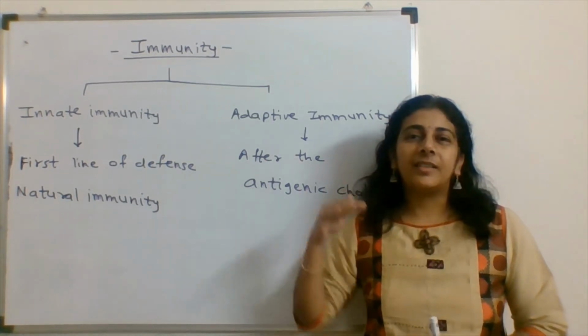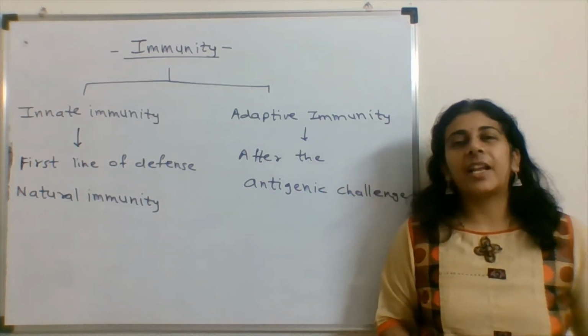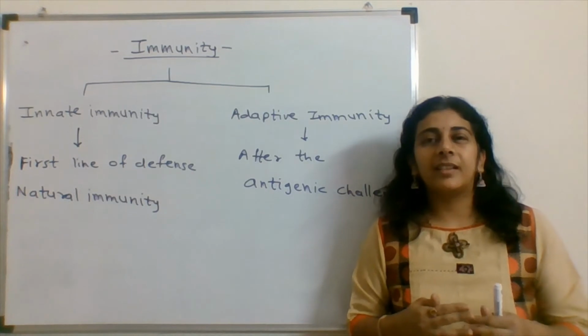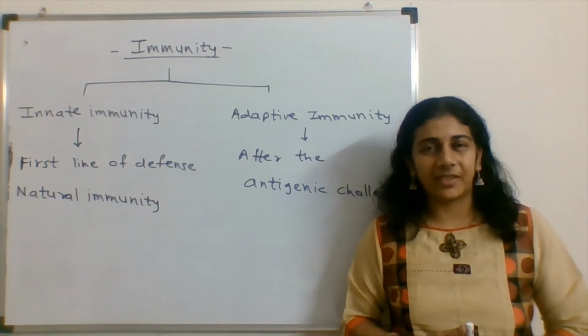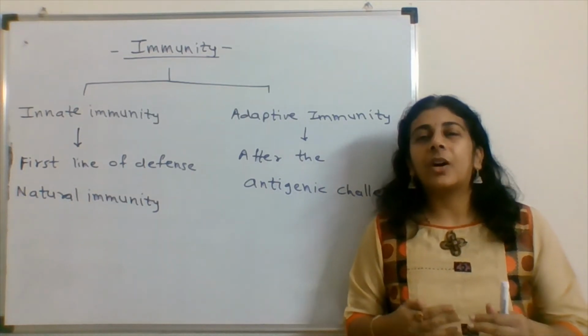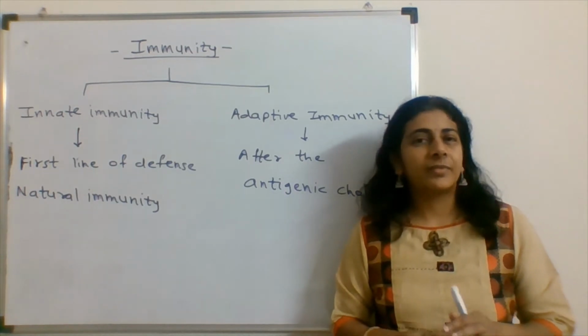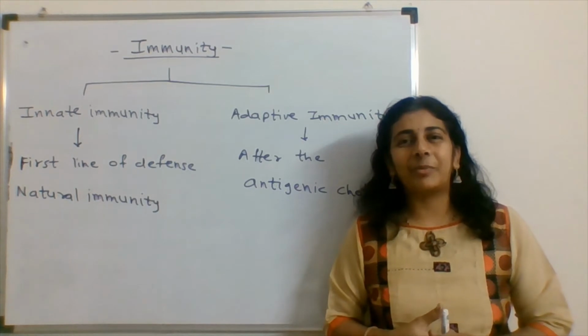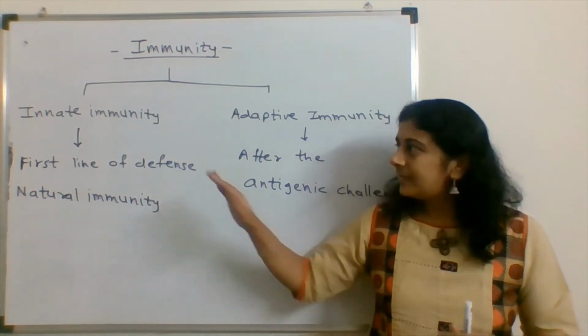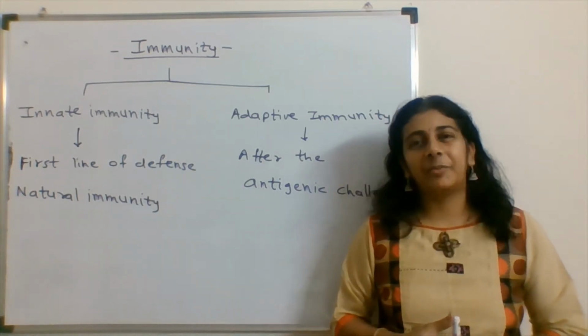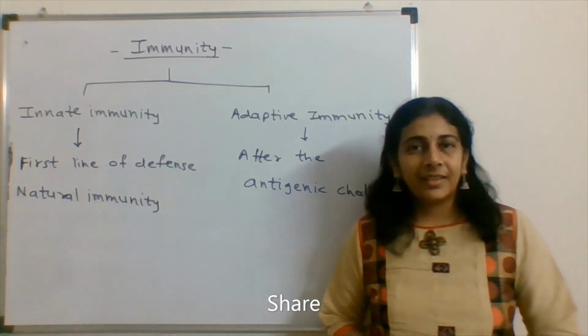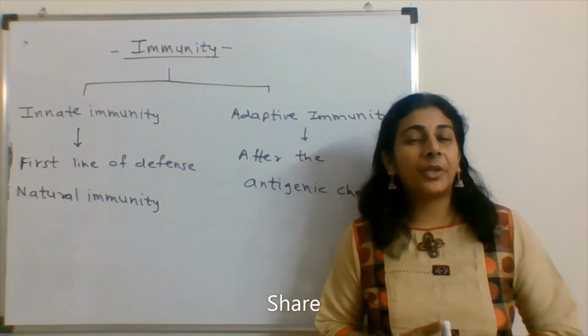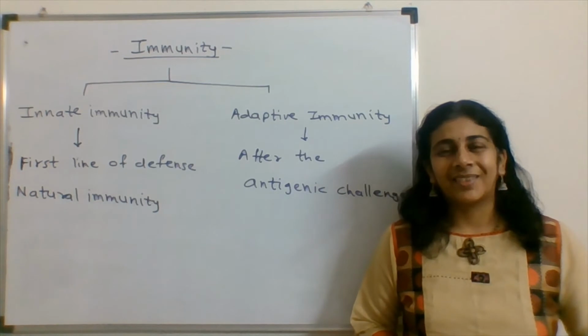Innate immunity is the natural immunity, or we can say the first line of defense. Before the occurrence of any infection, the infection should not occur. This is taken care of by the body, and that we call innate immunity. The innate immunity is present before the onset of infection.